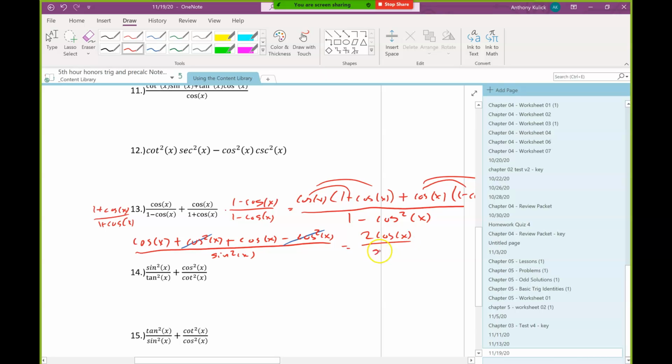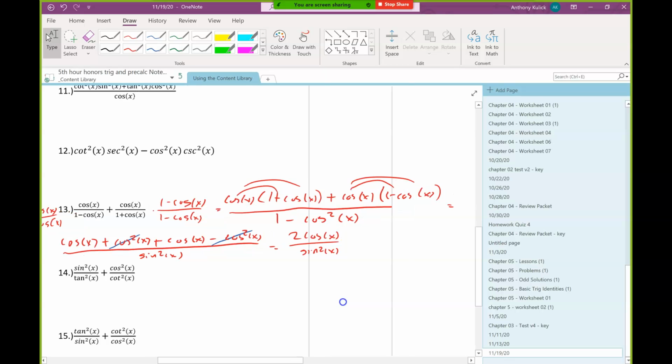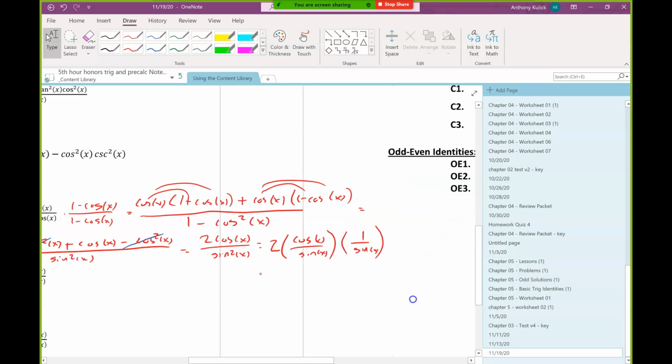And then a cosine x plus a cosine x is just going to be 2 cosine x. And now what I'm going to do is break this up so I can write this with no fraction. I'm going to write this as 2, and then cos x over sine x, because I have an identity for that, and then 1 over sine x, I have an identity for that.